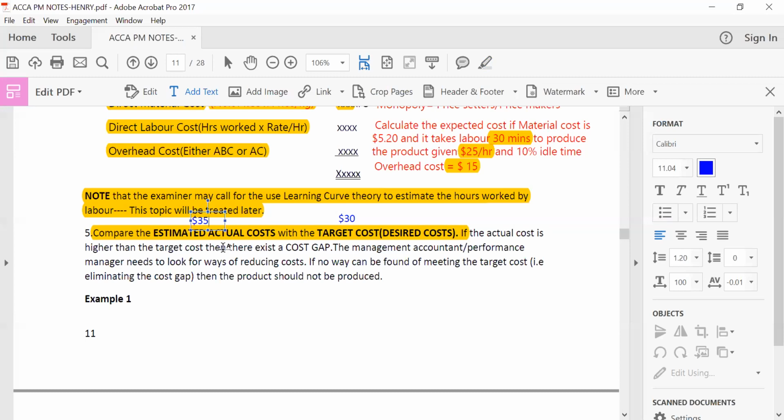There is a problem. Customers are saying that they want the product to cost $30. Now, after production, you think the cost is going to be 35. So you have to find ways of eliminating the 5.